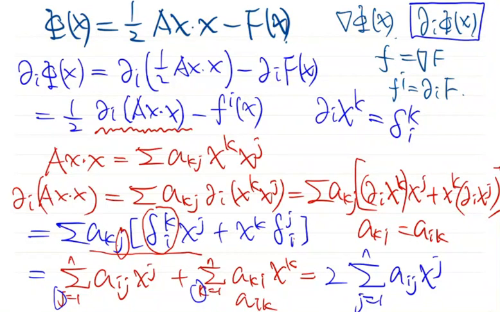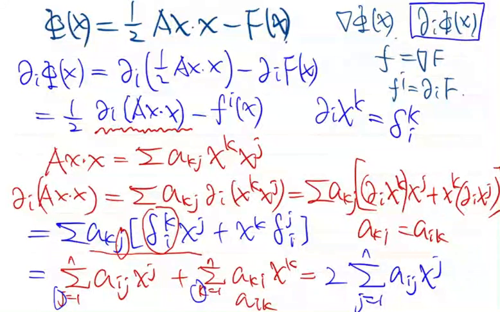So we obtained the following result. ∂_i Phi(x) is the sum, where the twice here is cancelled by the coefficient one half in front, the 1/2 in the expression of Phi.